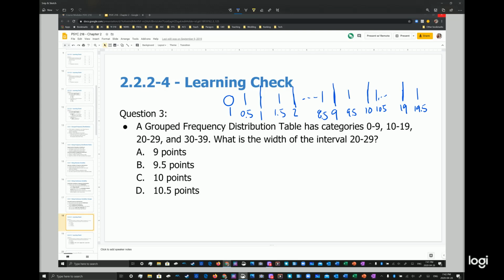So even though the frequency distribution tables are grouped, you know there are groups of ones like 0, 1, 2, 3, 4, 5, 6, 7, 8, 9, 10, 11, 12, and so on. So you can still get the real upper and lower limits that way. So again, remember what we said.